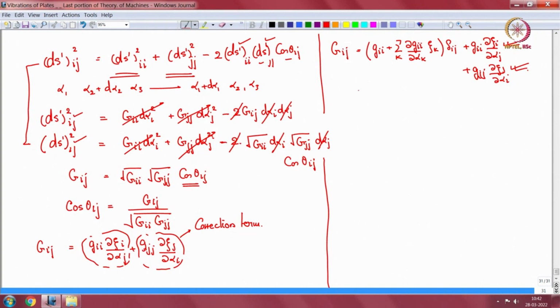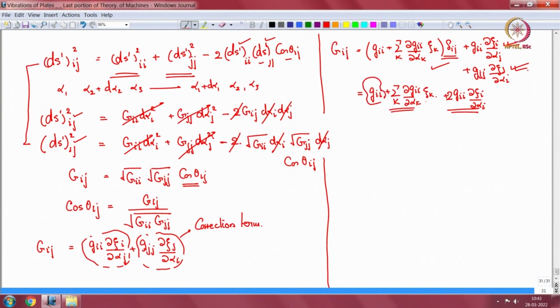In that case, what happens? We get GII plus summation k del GII by del alpha k xi k, this is 1 for I equal to j, plus twice GII del xi I del alpha I. Now here these are the correction terms, and this is the original first order term.